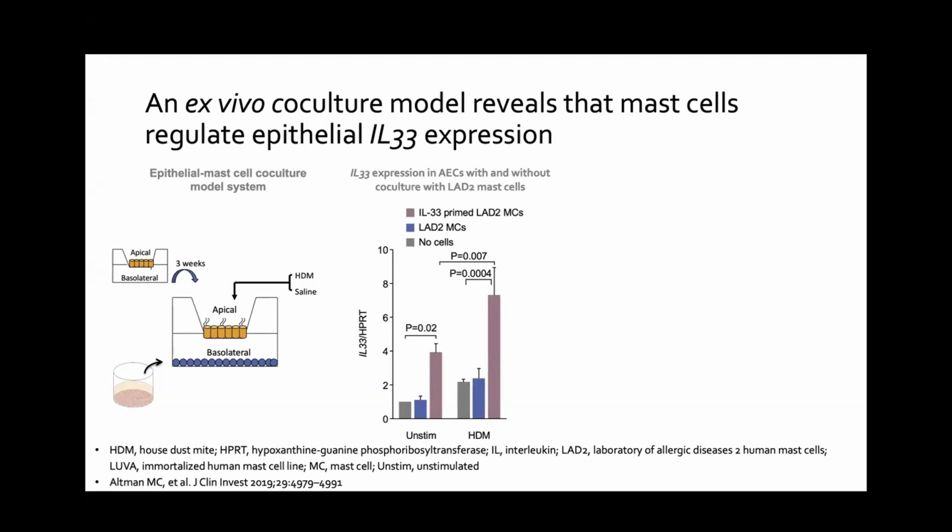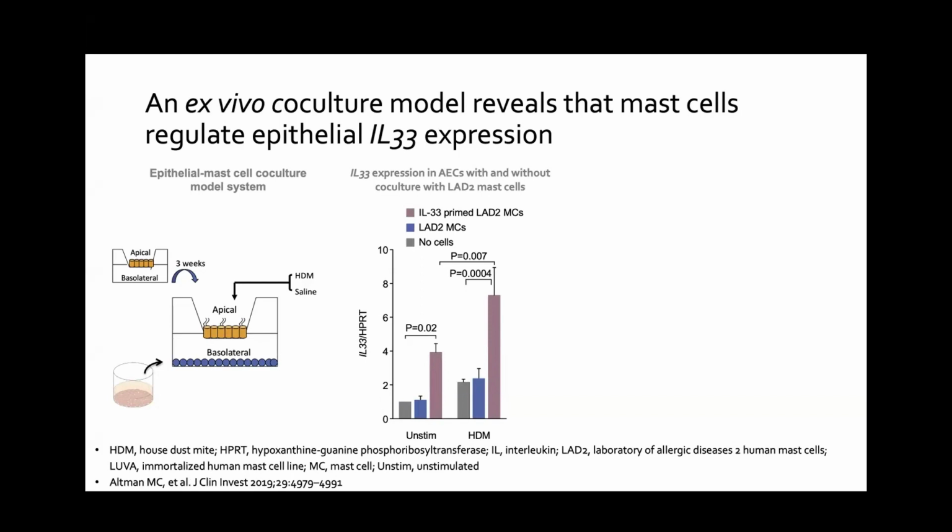And so the interesting thing is that the mast cells down here mediate this upregulation of IL-33 in the epithelium. And this, depending on which study, which cell type we use, can be very, very high. So this is with allergen and with and without IL-33 primed mast cells. And so if you look at gene variants of IL-33, you might have a difference of like 1.5 IL-33 activity.